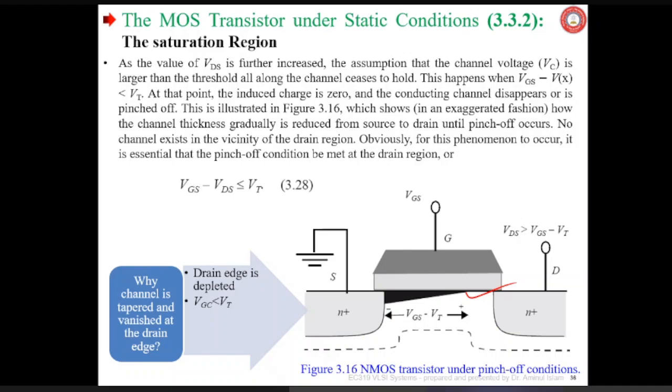Inversion layer formation depends on the gate voltage VG and channel voltage VC. If VG minus VC is greater than the threshold voltage, then the channel is formed.